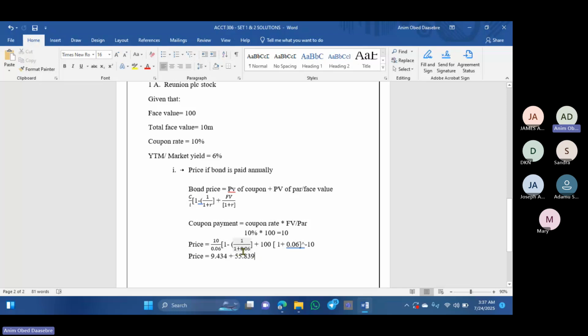The 1 plus the rate is raised to power 10.